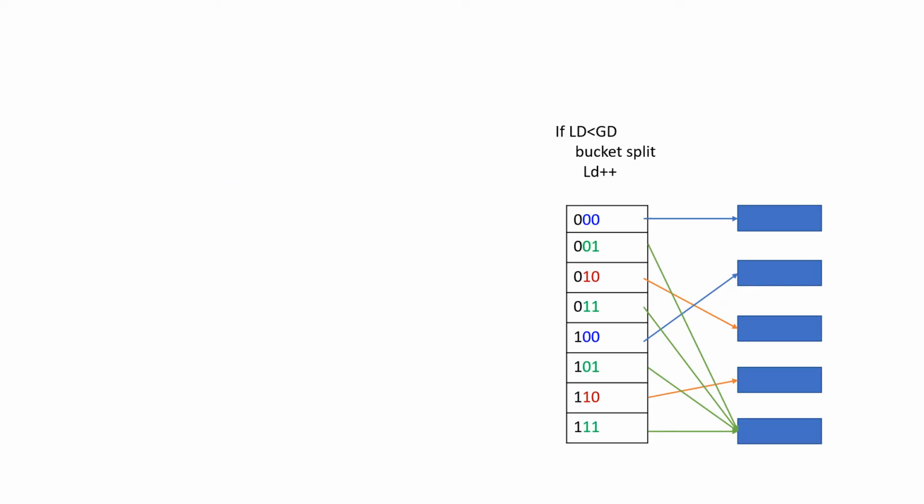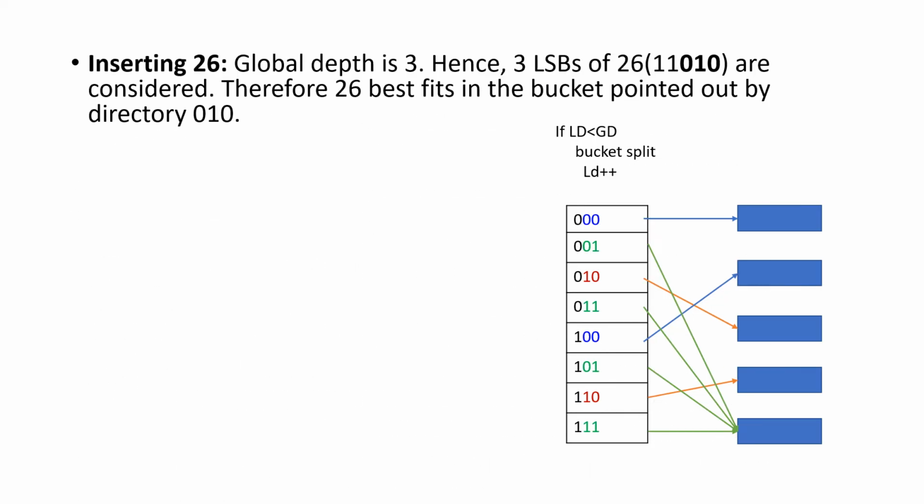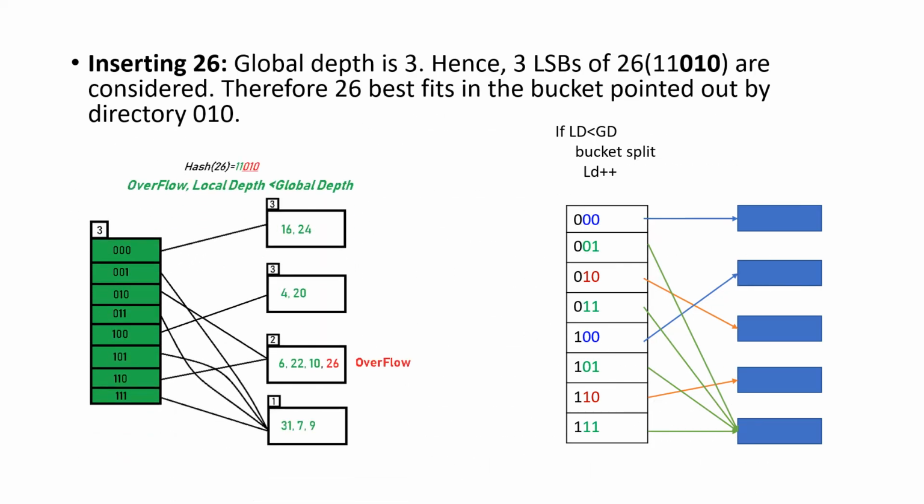That you do. Next, suppose I am going to store the next element, 26. 26's binary digits are this. Here my global depth is 3. Whenever you are going to insert a new element, first check the global depth.